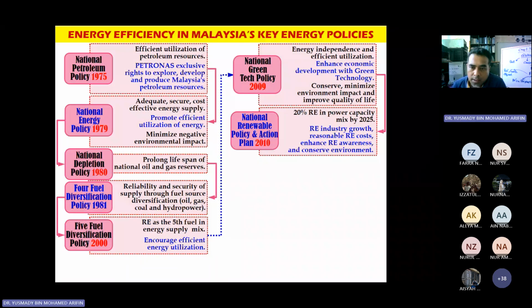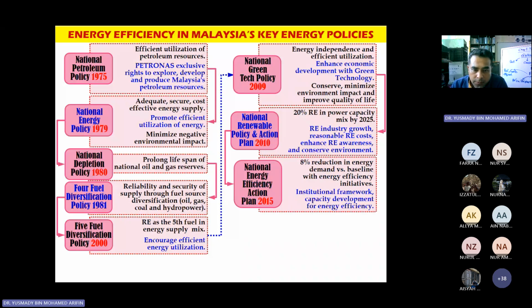Okay, and then try to increase the renewable energy industry, such as solar PV development, solar PV production, and so on. So that we will have cheaper solar panel prices, and also make sure that the PV solar system can be implemented by ordinary Malaysian citizens.